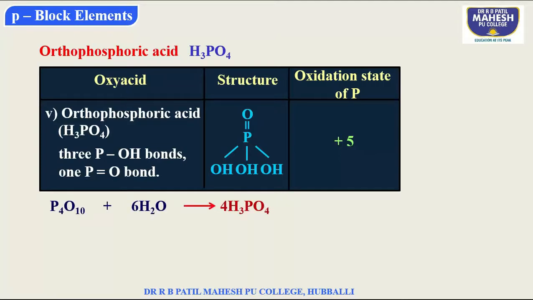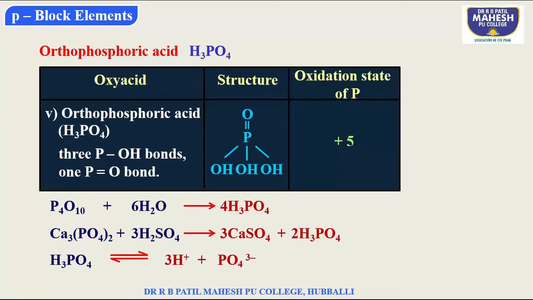It is obtained by reaction of tetraphosphorus decoxide with water. It is also obtained by reaction of calcium sulfate with sulfuric acid. H3PO4, when dissolved in water, ionizes to form three protons along with the phosphate ion, thereby acting as a tribasic acid.